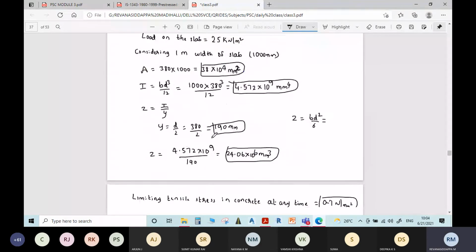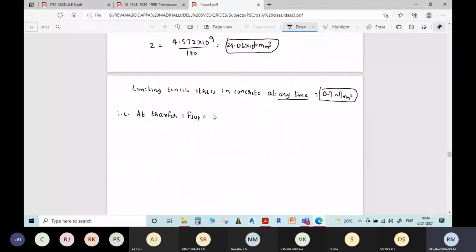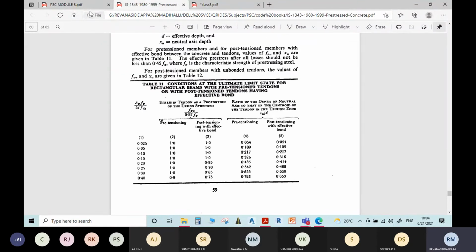Why is it minus? Because it is a tensile stress. He mentioned tensile stress minus 0.7 Newton per mm square. So this is at transfer condition. At transfer condition, what loads are there in this figure?